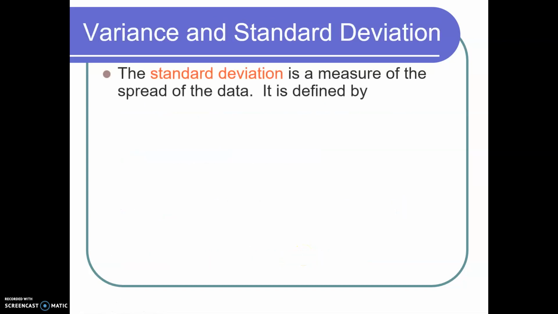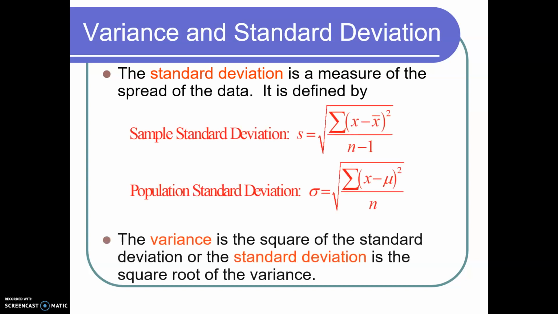Now, these are two main measures of the spread, the variance and the standard deviation. These two formulas are for the standard deviation. S is for the sample standard deviation, sigma is for the population standard deviation.